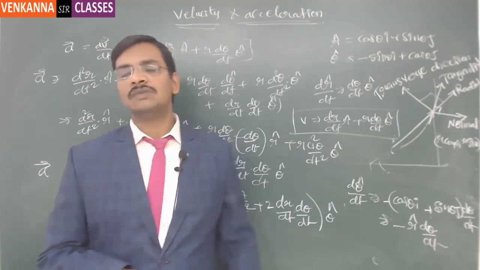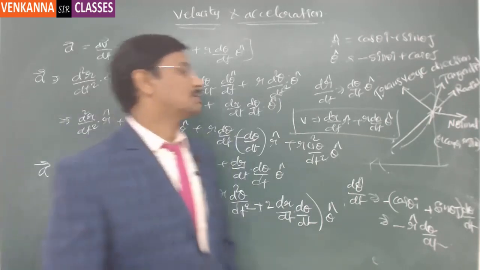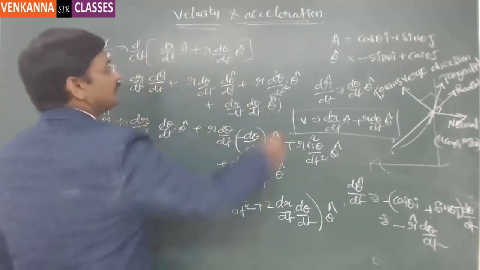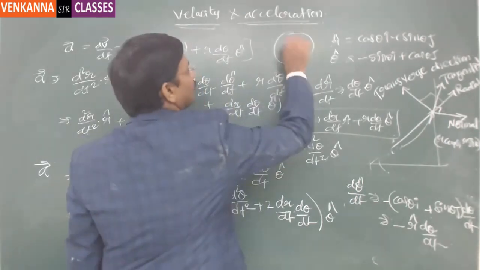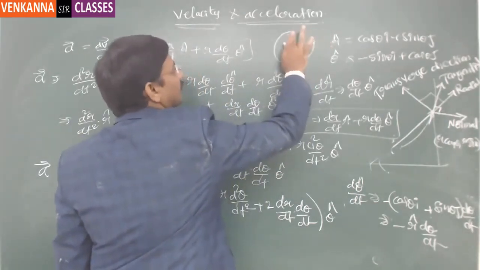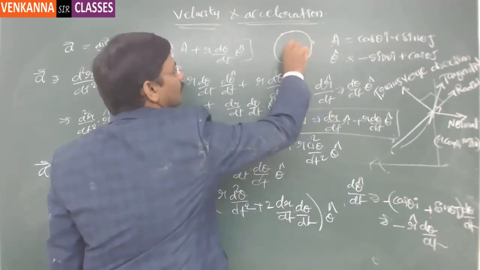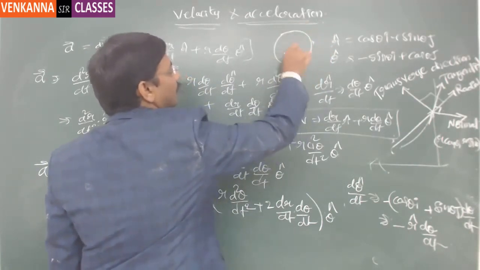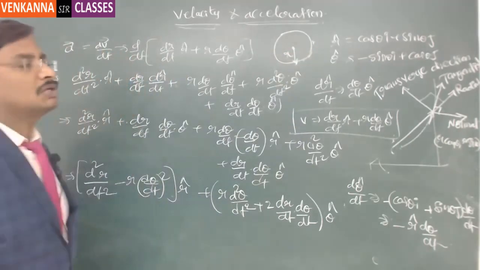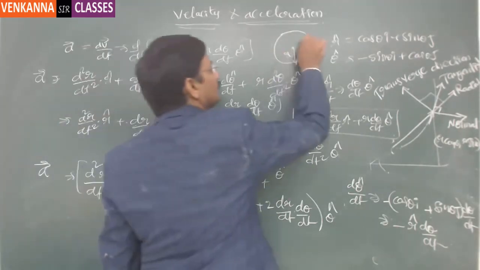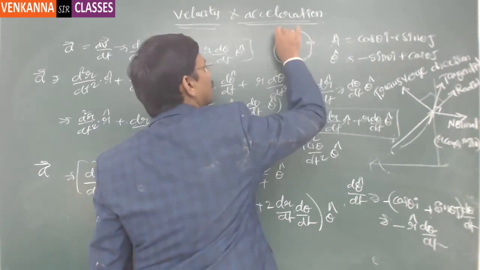So rate of change of r is nothing but 0 because the path of the travel is in a circular fashion like this. That means in this particular circle, the radius value is always maintained constant. From this particular point, this is the radius and there is no change in the magnitude of r. Hence, here also it is r, here also it is r, here also it is r.